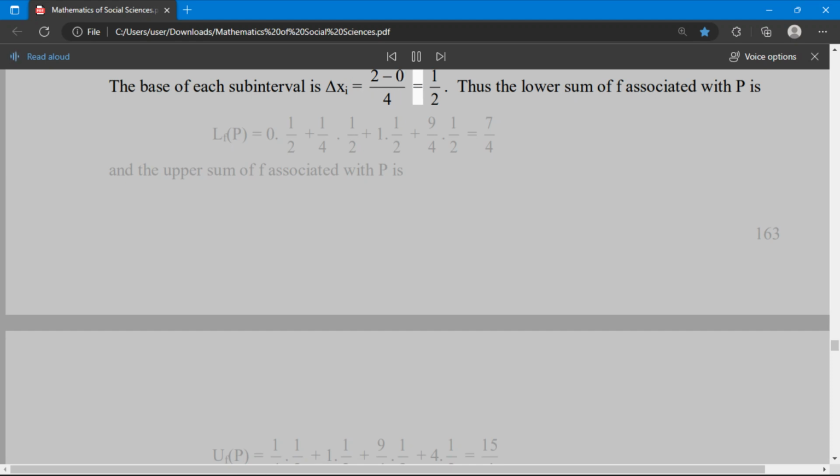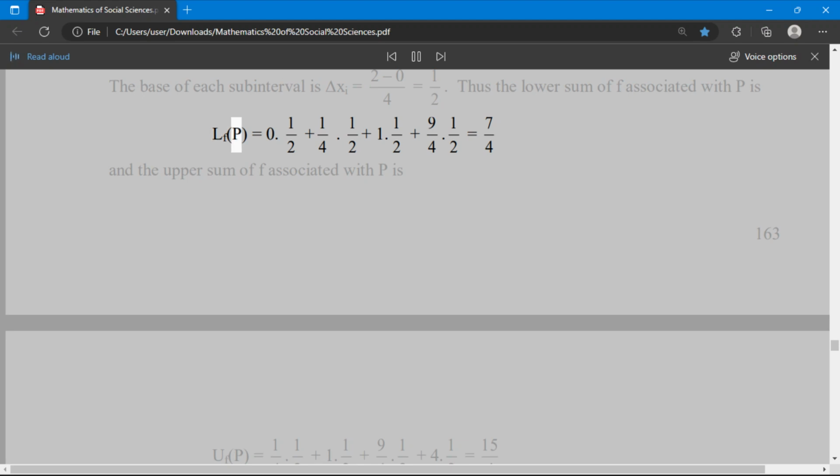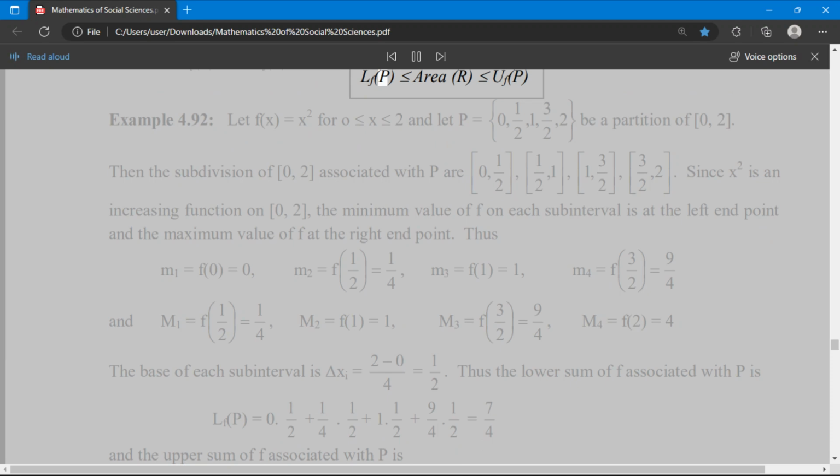The base of each subinterval is Δx = (2−0)/4 = 1/2. Thus the lower sum of f associated with P is L(f, P) = 0·1/2 + 1/4·1/2 + 1·1/2 + 9/4·1/2 = 7/4.